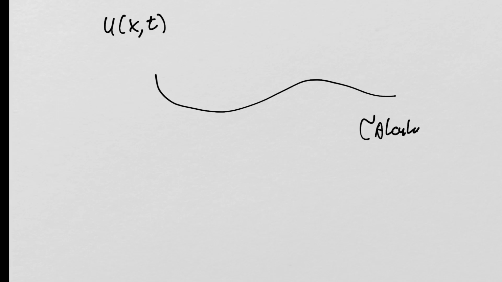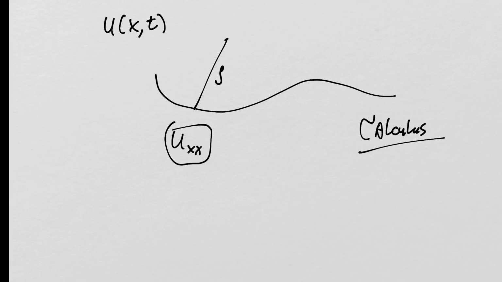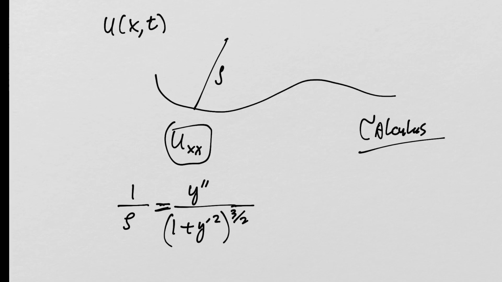It turns out, from basic calculus, that for any function, the curvature of the function is related to its second derivative, so u, in this case, its second partial derivative with respect to x. And the radius of curvature rho is related to this number in a way that can be calculated from elementary calculus.